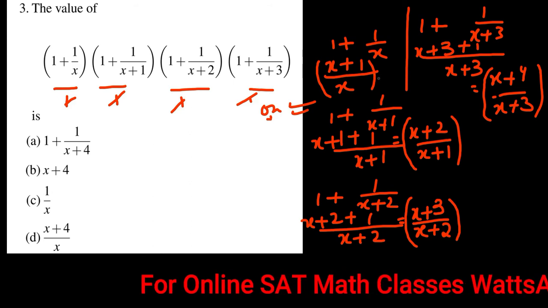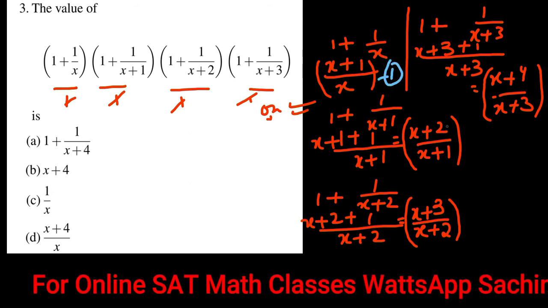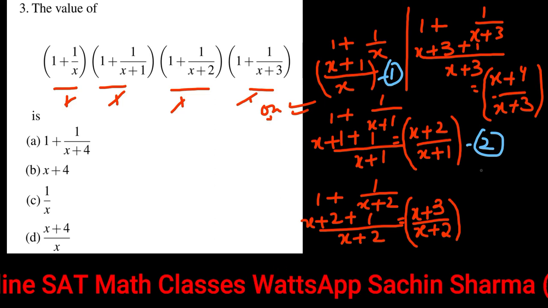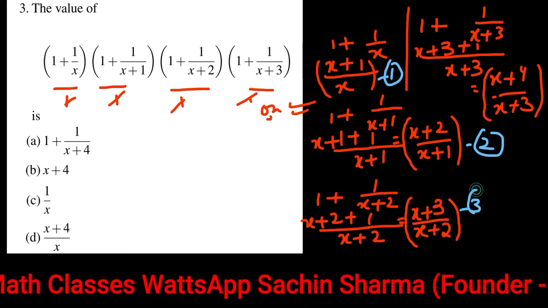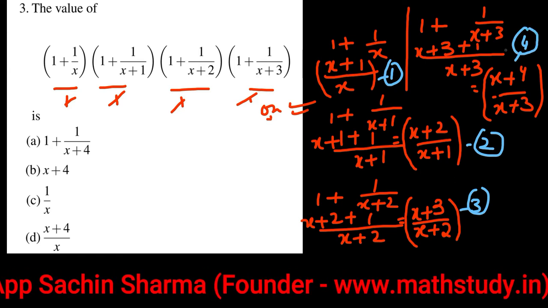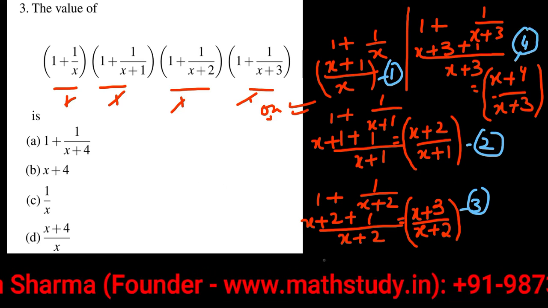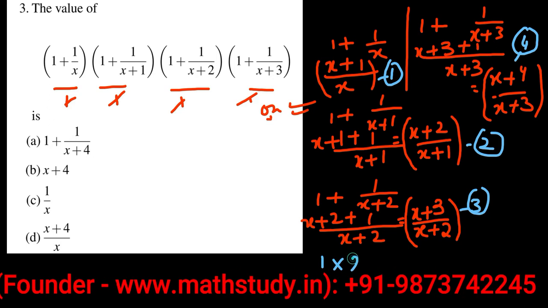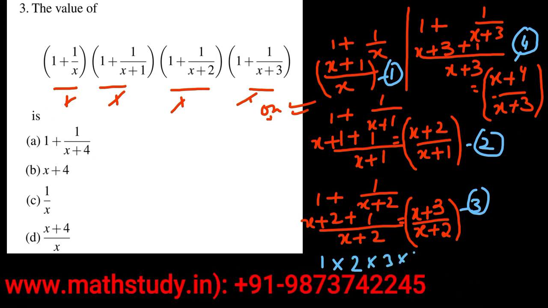So let's highlight it so that it will be easier for you to recognize the terms. So this is our first term and this is our second term and this is our third term, and this is our fourth term, right students? So after multiplying, that means we are going to multiply like this, 1 into 2 into 3 into 4, right?